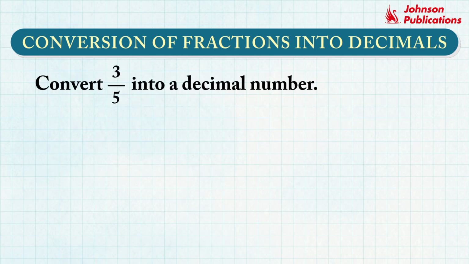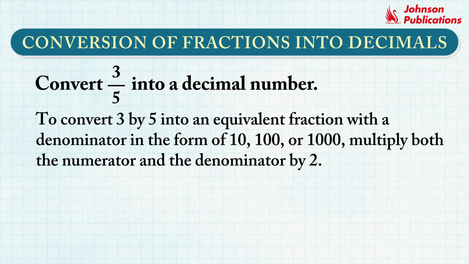For example, convert 3 by 5 into a decimal number. To convert 3 by 5 into an equivalent fraction with a denominator in the form of 10, 100, or 1000, multiply both the numerator and the denominator by 2. Thus, 3 by 5 multiplied by 2 is 6 by 10, which is 0.6.